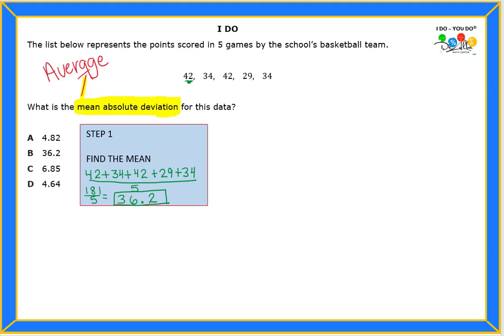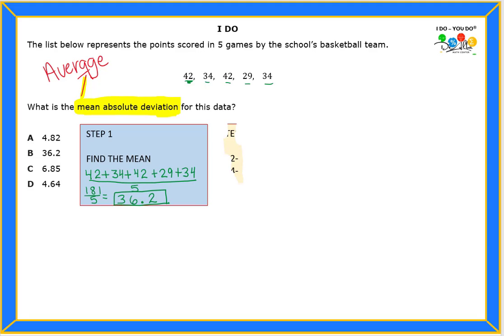It doesn't matter, remember, because we're talking about distance, right? I just want to know how many units it is from one number to my 42, okay? So I'm going to use 36.2 as the number that I will be subtracting from each one of these numbers, okay? So that will be my step 2, okay?